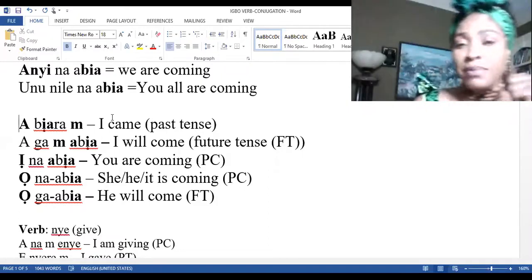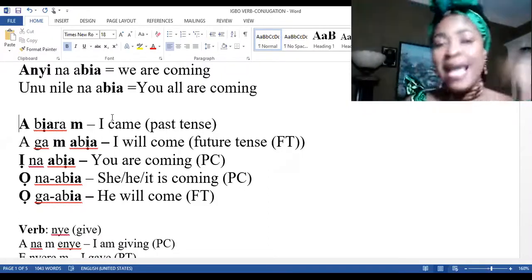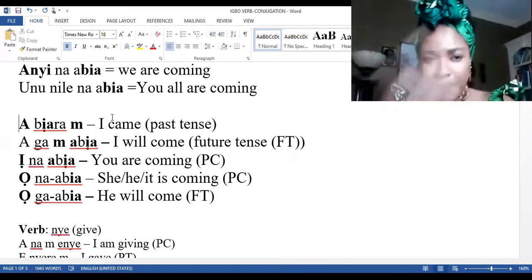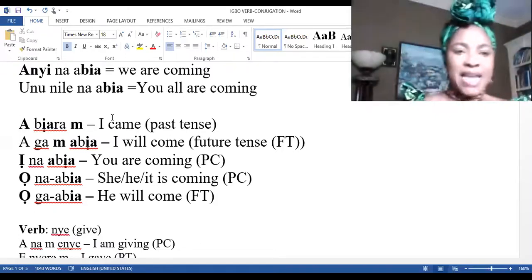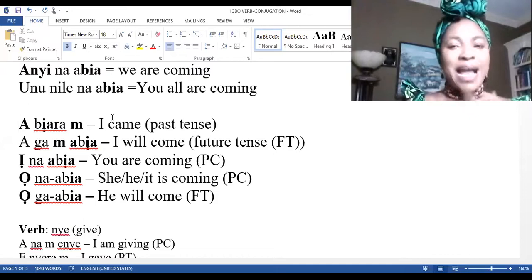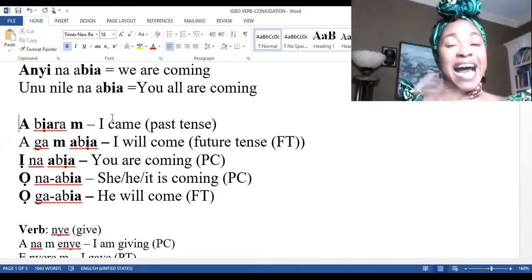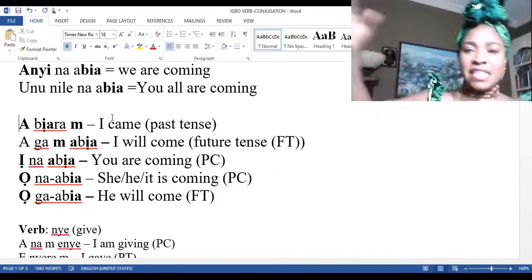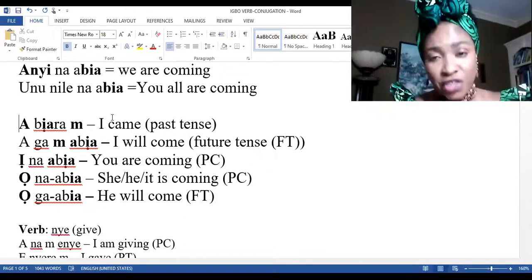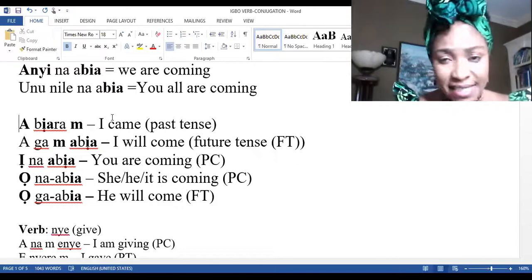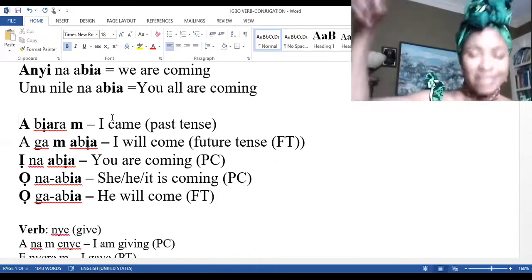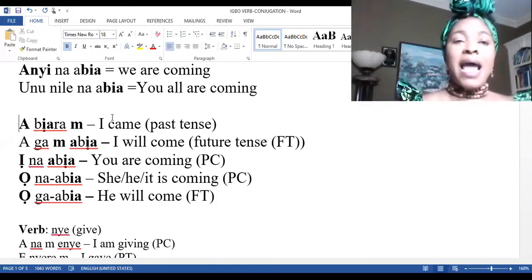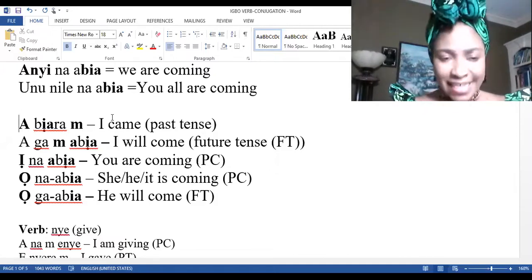Or maybe you called me: did you come? Yes, I came. Abiaram, that's past tense. Now, agam abia means the future, that I will come. This is not continuous, and not the past tense. This is something that will still happen. I will come, future tense.